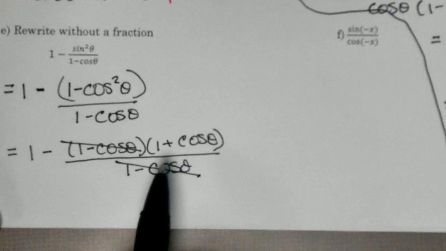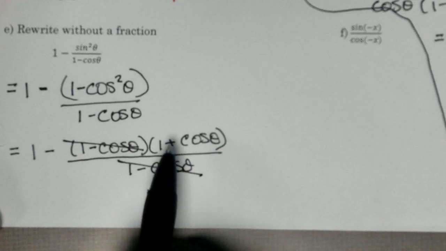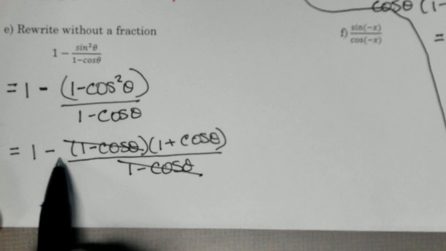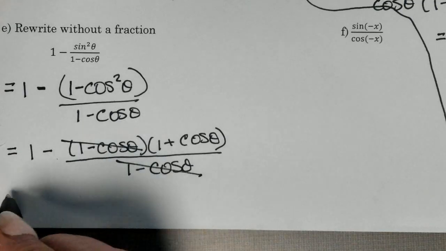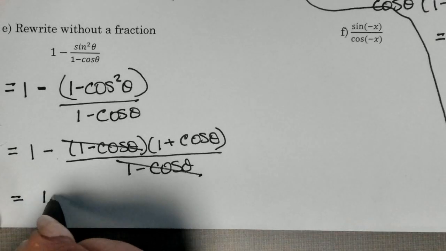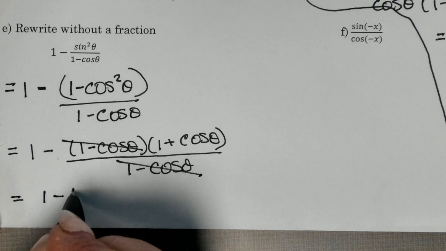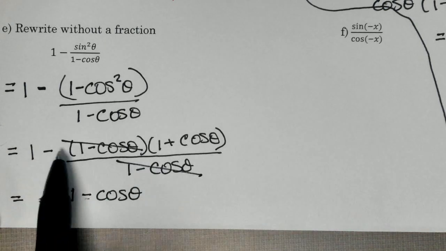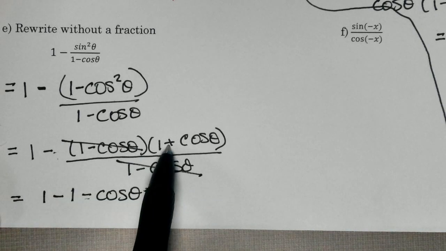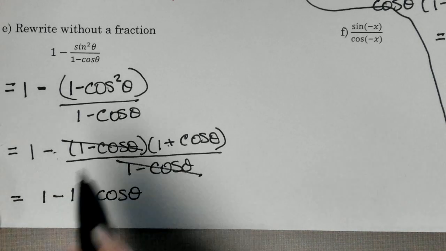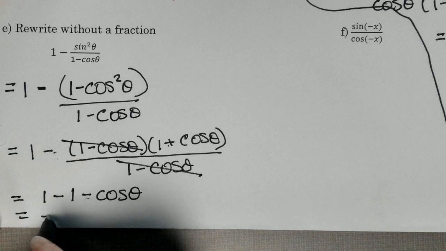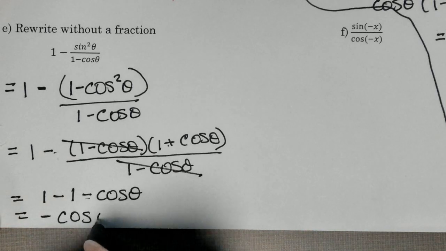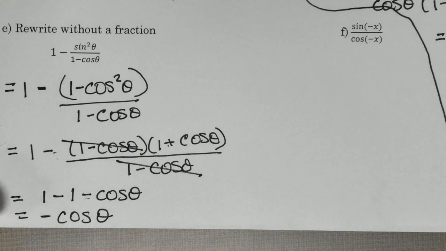Be careful. You're left with 1 plus cosine, but you are subtracting it. So that means I've got 1 minus 1 minus cosine theta, because I've got to distribute the minus to both terms. That leaves me with a negative cosine theta. And I'm done.